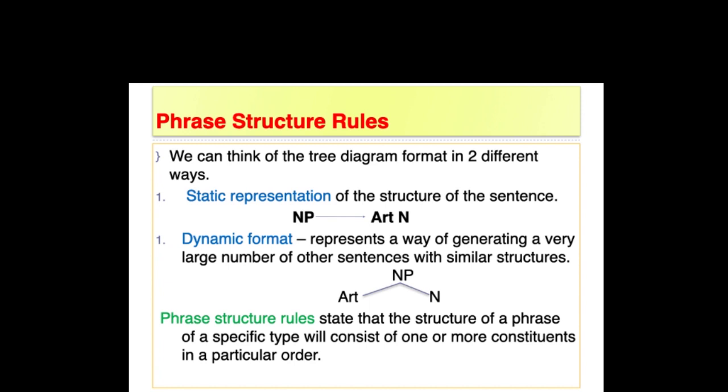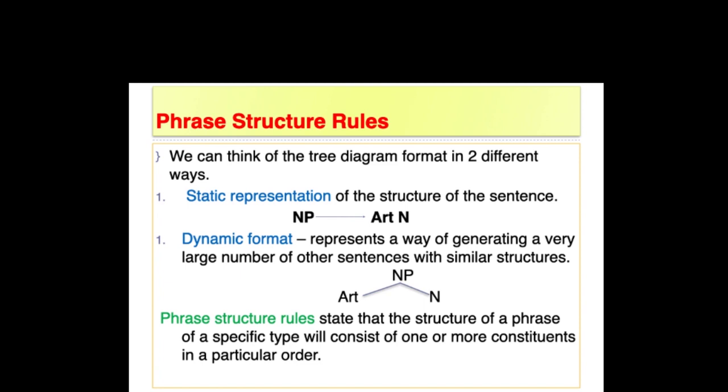There is what we call a static representation of the structure of the sentence. A static representation is when you go linear, okay? This is the linear representation of syntax. You don't go vertically, but horizontally, and you describe what you have in a specific sentence.